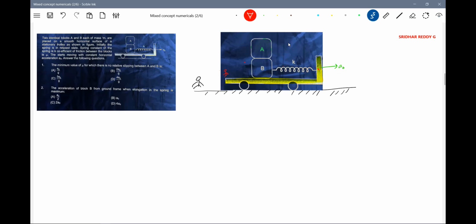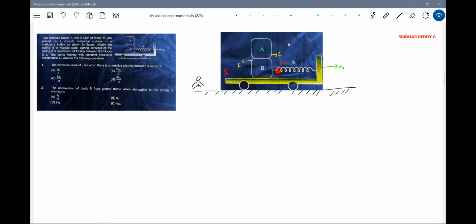Then spring force will act. This spring force will accelerate the block B. The block A will oppose. So therefore, the friction force on block B will come like that. The friction force on block A will act here. Then for no slipping, there should be static friction.